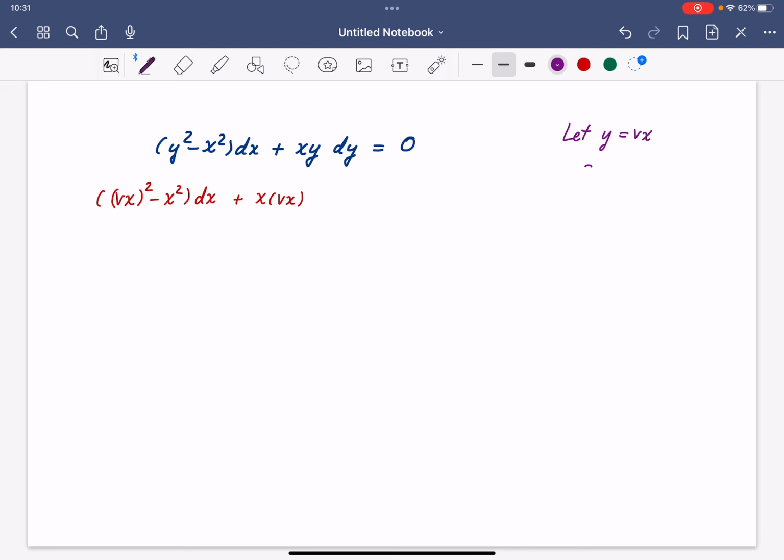Here you need to differentiate y by the product rule, so you get v dx plus x dv, just by the product rule that you learned before, equal to 0. What I did here is I replaced y by vx, and I replaced dy by v dx plus x dv. So basically I turned everything into x and v.